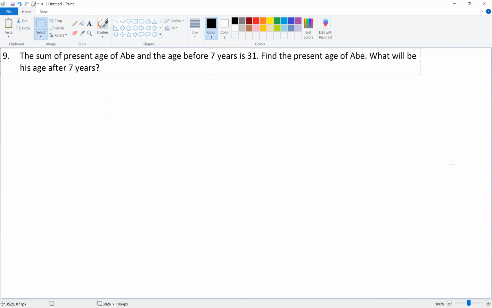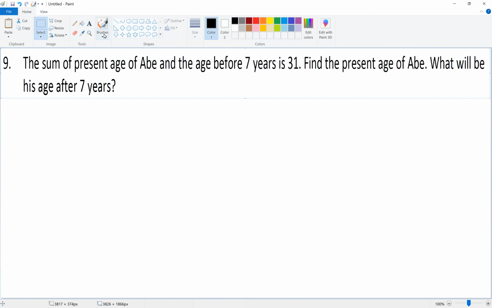Number 9. Neo. The sum of present Abe and the age before her 7 years is 31. Find the present age, and then you must find his age after 7 years. For this question, I got 26. So what is the method?